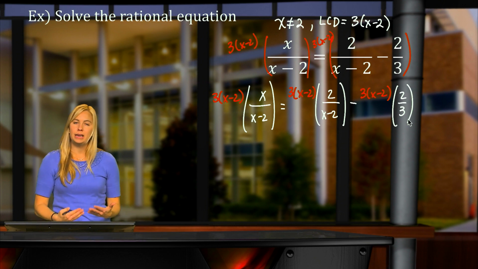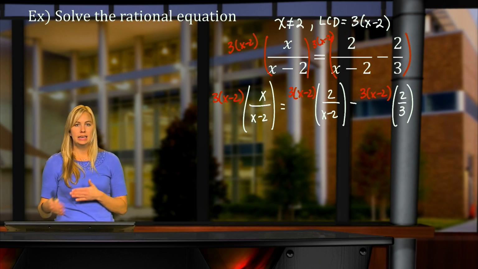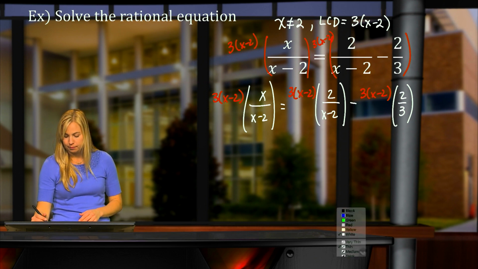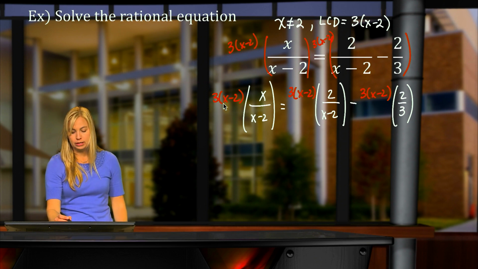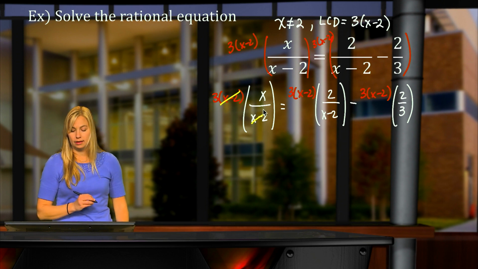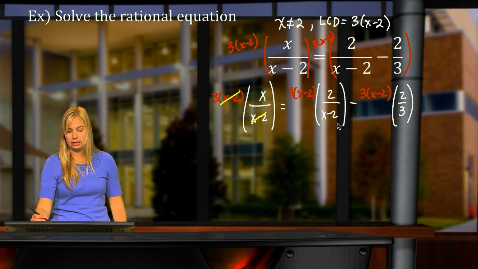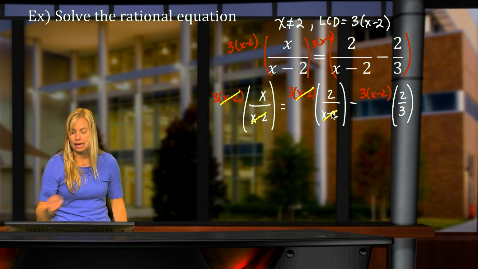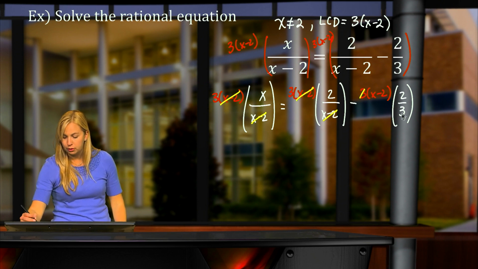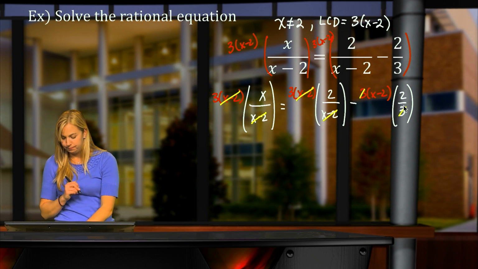Again, there's that intermediate step that's going to allow me to see how each of our terms is going to simplify a little bit easier. 3 times x minus 2 divided by x minus 2, the x minus 2's will cancel out. 3 times x minus 2 over x minus 2, again, the x minus 2's cancel out. 3 times x minus 2 over 3, our 3's cancel out in our last fraction.